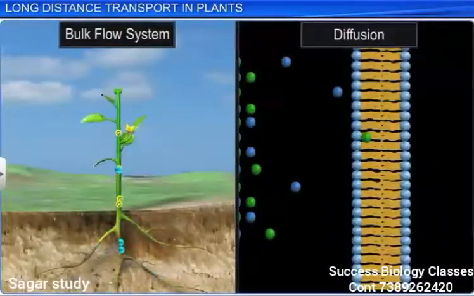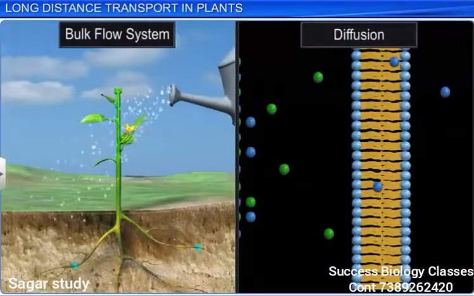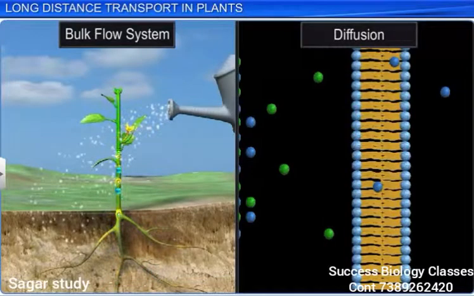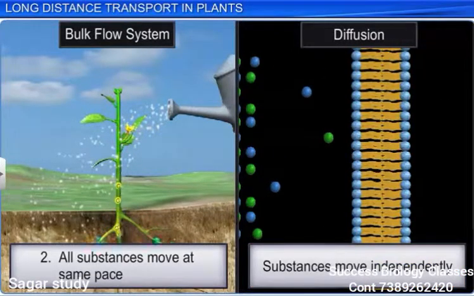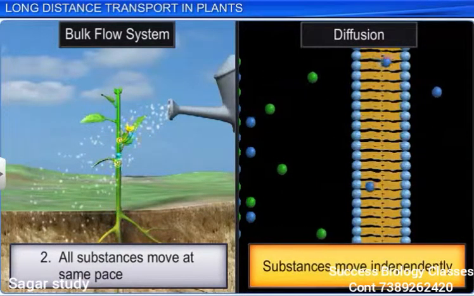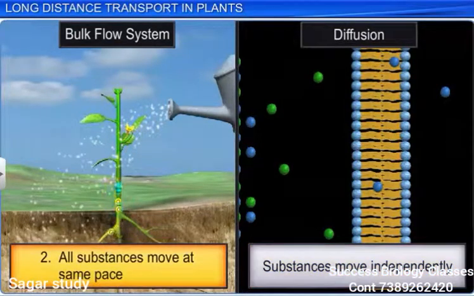To conclude, the bulk flow system differs from diffusion in three ways. First, it transports substances across long distances in plants, unlike diffusion. Second, unlike diffusion, in which substances move independently, the bulk flow system moves all substances at the same pace.